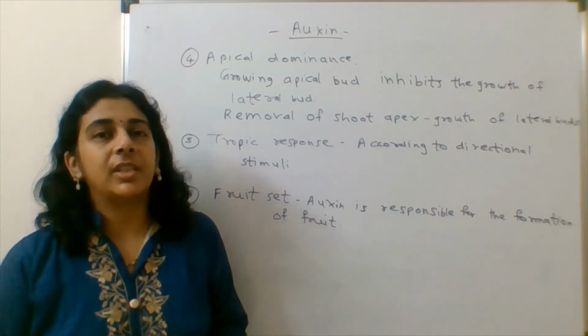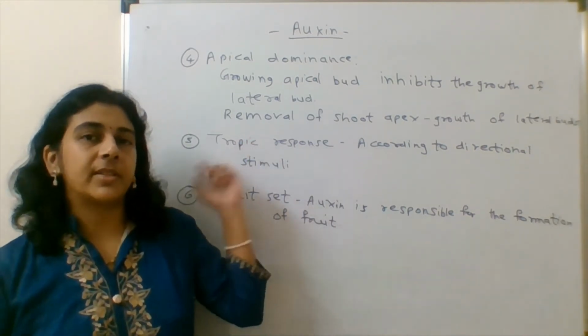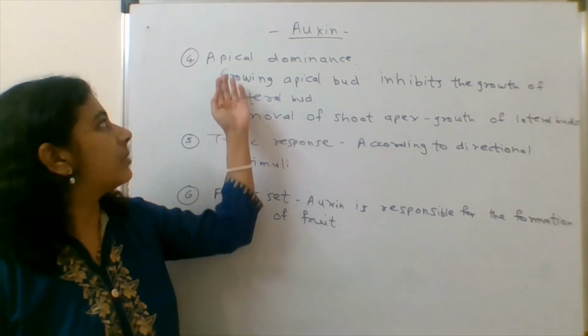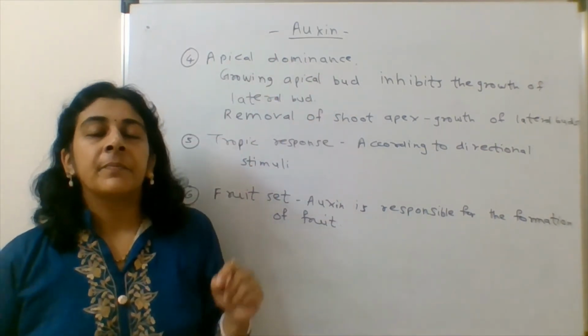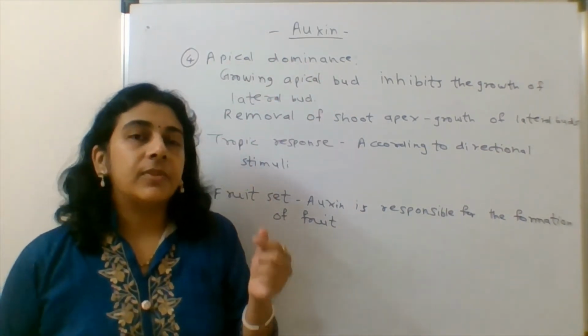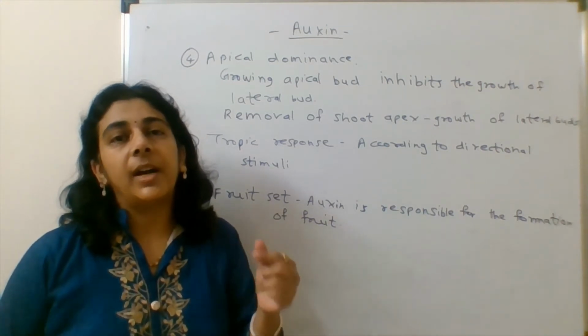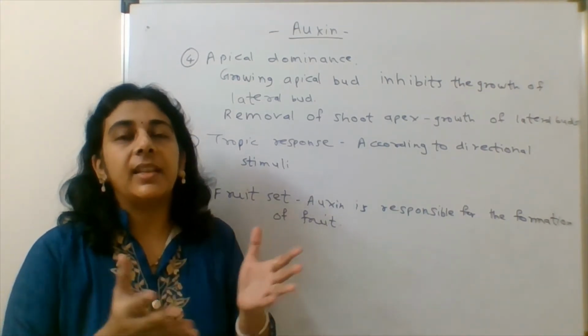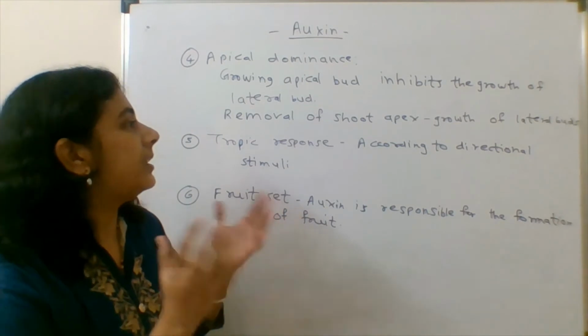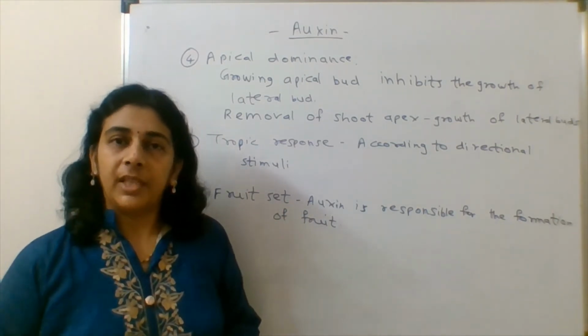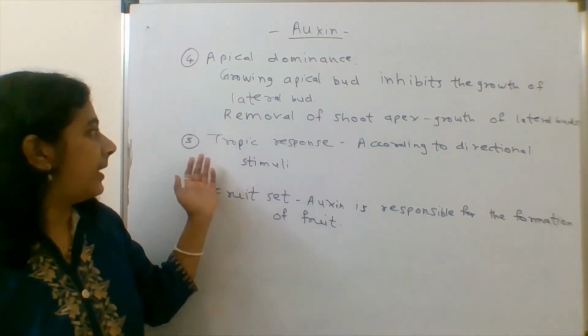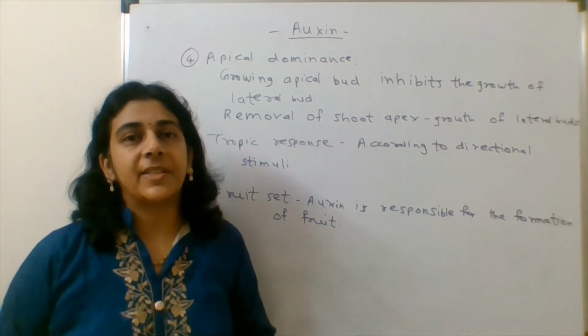Lateral bud formation is inhibited due to the presence of auxin, and this is known as apical dominance. If the apical bud is removed, then there is a lateral bud formation in a plant can be observed.